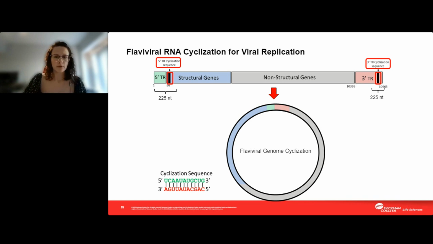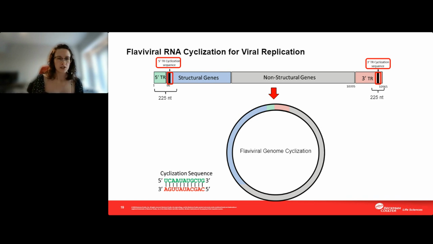It's been shown before that the 5' UTR and the 3' UTR are what interact to cause this cyclization. Through those, we did a computational analysis of many different flaviviral virus genomes, and we were able to find several consensus sequences across all of the genomes, with the one most likely to be identical and unchanged being an 11 nucleotide sequence that we termed the cyclization sequence, shown in the bottom left-hand corner of your screen.